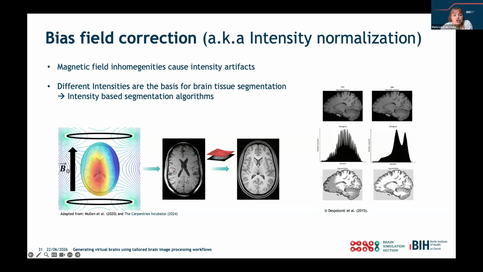The lower image shows you the segmentation, and especially in the frontal area of the brain, which had more of a shadow of the bias field, distinguishing between white matter and gray matter was quite difficult. After the bias field correction, you see a cleaner segmentation of the brain.